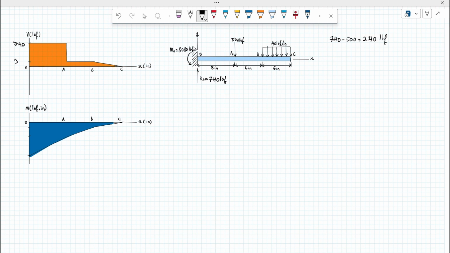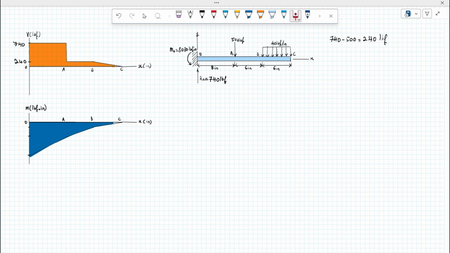So here is 240. After point A, we're gonna go to the right 6 inches towards point B. So at point B, it is the start of the distributed forces acting downwards. So when we have distributed forces, the way you're going to draw in shear force diagram is it is not a straight line, but it is more to a linear slope.